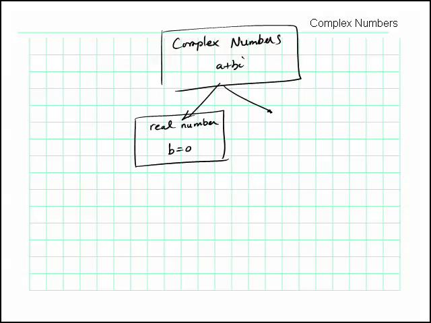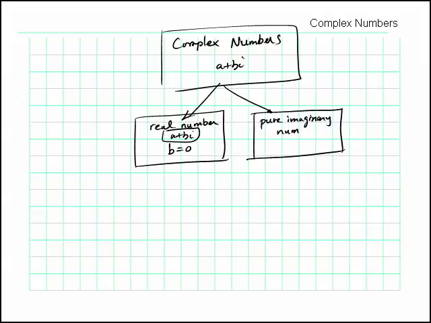There's still a plus bi, but the b part is 0. And pure imaginary numbers. They're a plus bi, but the a is 0. And so you put all your real numbers together and you put your pure imaginary numbers together and you get what are called the complex numbers.